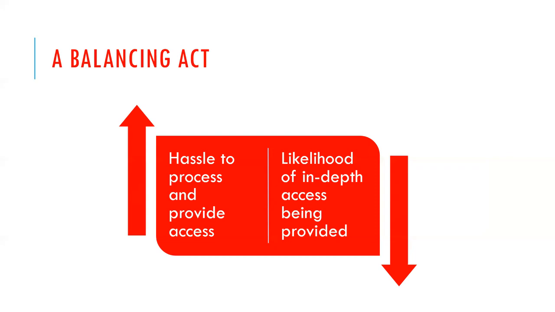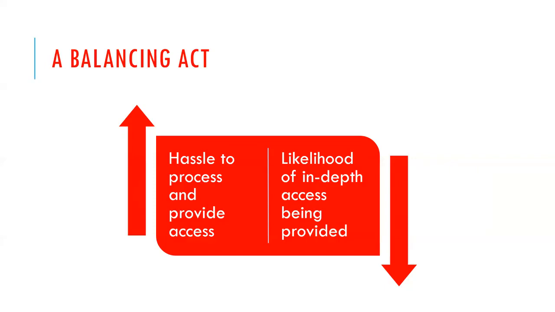What's problematic for archives is that electronic records are more likely to be difficult to provide access to, simply because of the file formats that, especially older, electronic records may arrive at archives on.